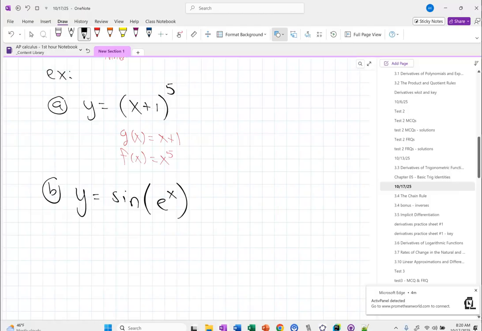Okay, so this one is sine of e to the x. What's my inner function? E to the x. And the outer?